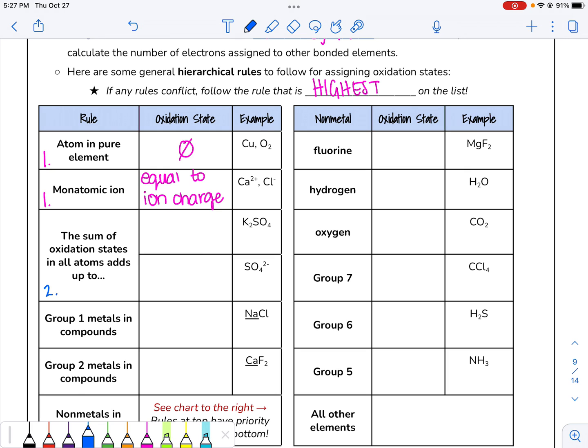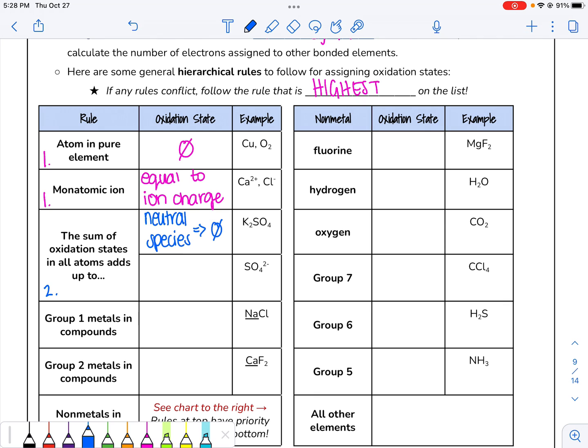Okay, next rule, rule number two. Rule number two tells us that the oxidation states of all atoms in a compound add up to one of two options. If it is a neutral species, meaning a neutral compound like the one you see here, potassium sulfate, the sum of the oxidation states must add up to 0.